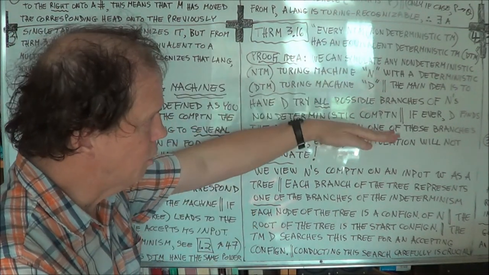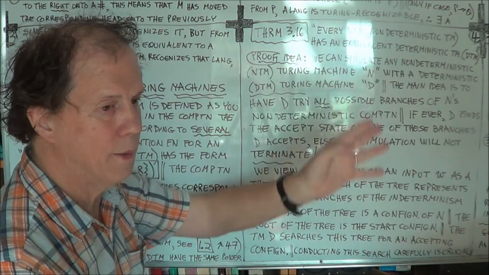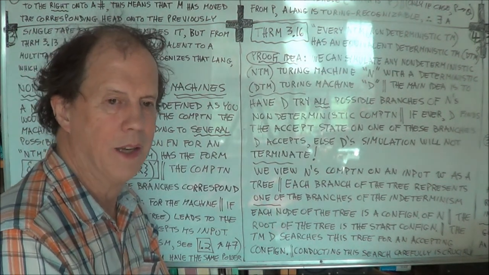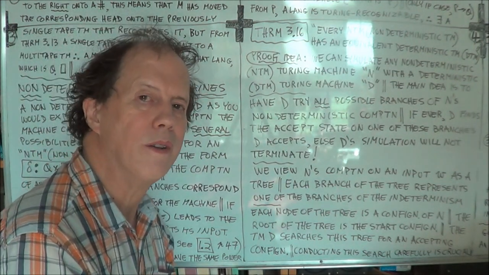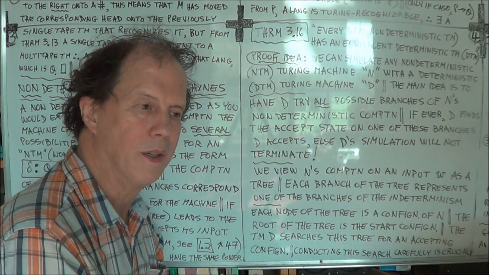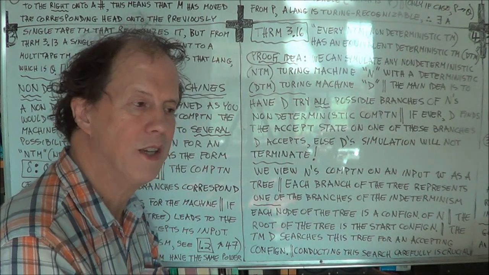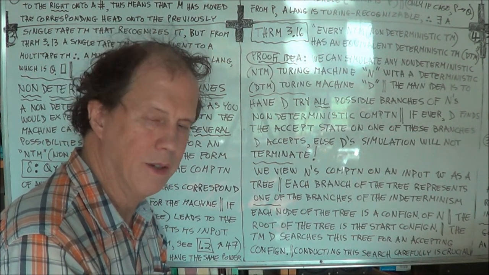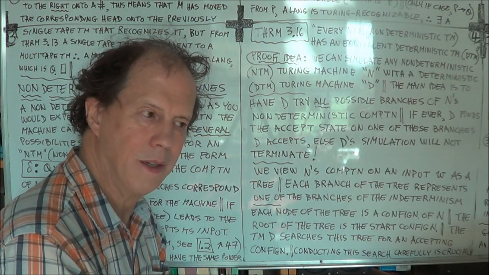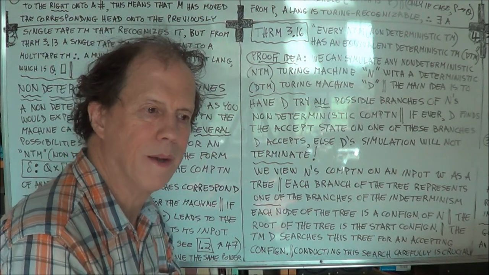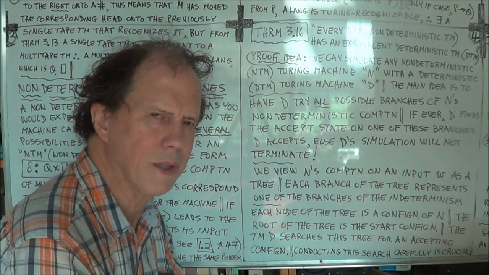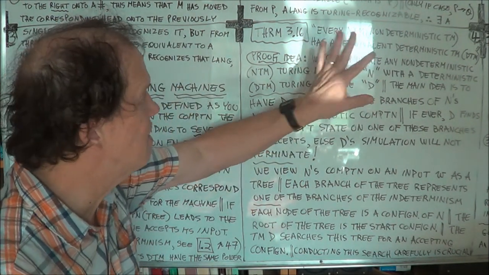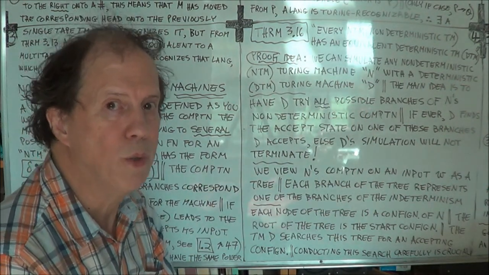If an NTM and a DTM were not equivalent, that would have profound consequences for the real world and the power of computers. This is not just math. So this theorem is important.